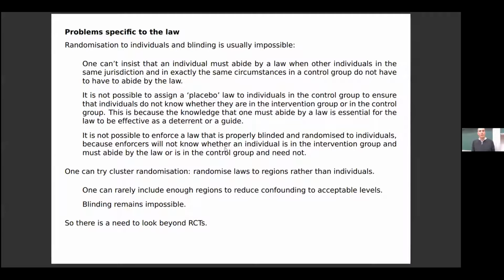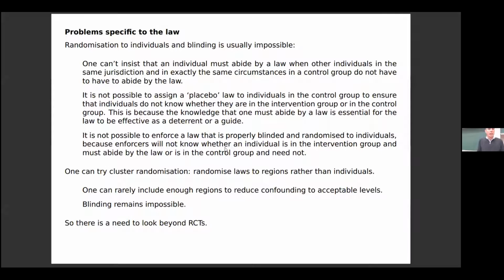This is because the knowledge that one must abide by a law is essential for the law to be effective as a deterrent or a guide. And it's not possible to enforce a law that is properly blinded and randomized to individuals, because enforcers won't know who to enforce. So this rules out standard RCTs in the law.